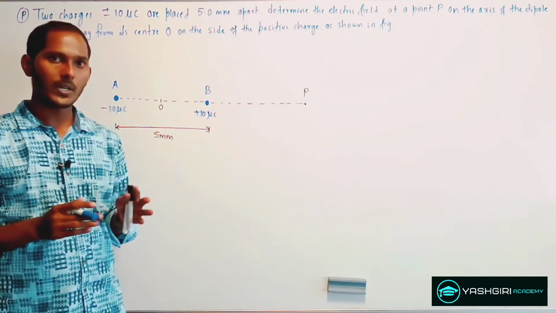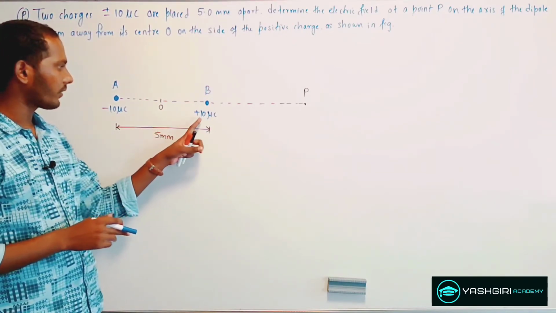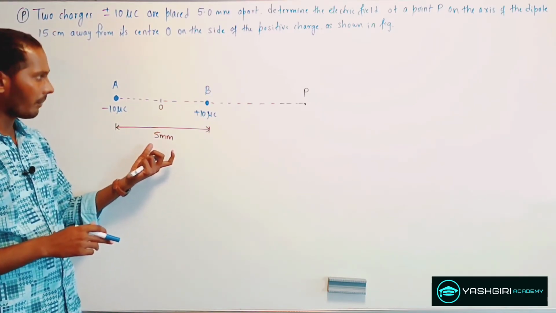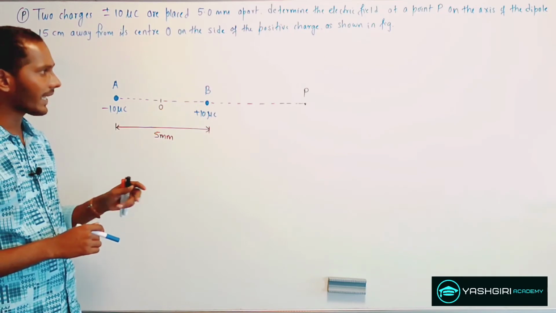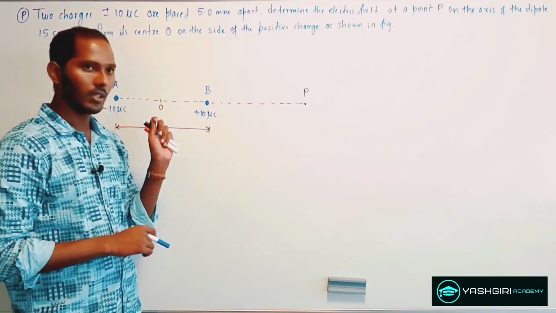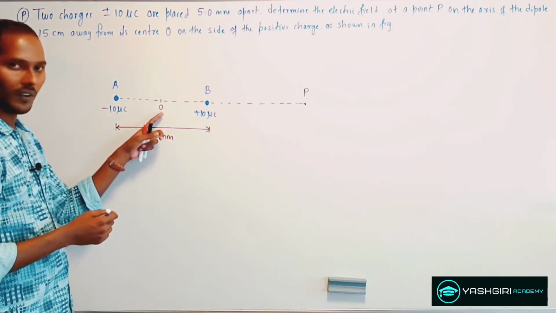Now in this question, you are given two equal and opposite charges of 10 microcoulomb, which are placed at a distance of 5 mm. And we are told to calculate the electric field at a point P on the axial line of the dipole at a distance of 15 centimeters from the center of this dipole.